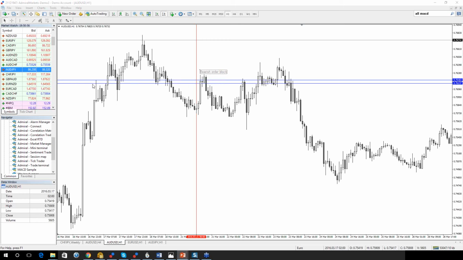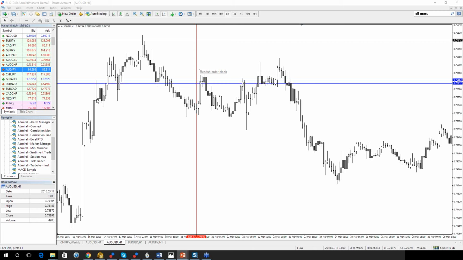Look at the reaction. Just watch the reaction at this price here. Look, retest, retest, retest. Every single time price retested this bullish order block and proceeded up. This is not my original term. I haven't invented it. Bullish and bearish order blocks.